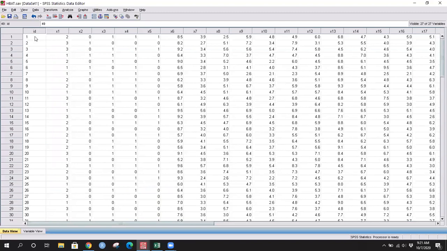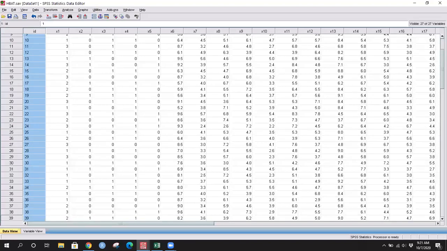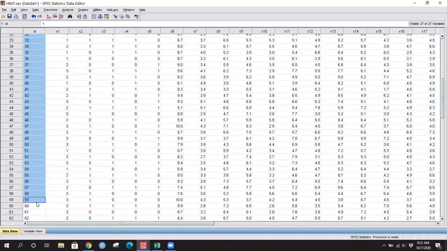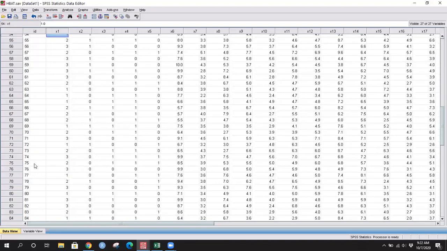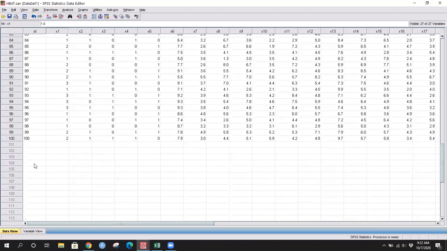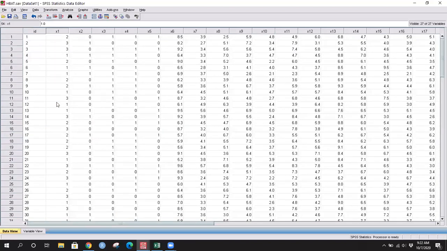Towards the end, hierarchical cluster analysis will try to combine more and more people into fewer and fewer clusters. It employs some distance measure through which it combines people into successively smaller numbers of clusters. So it starts with each person as a cluster. As I said, each person is different from each other. That's the starting point of hierarchical cluster analysis.